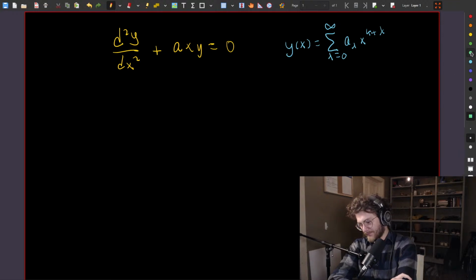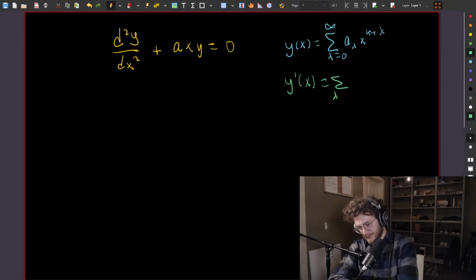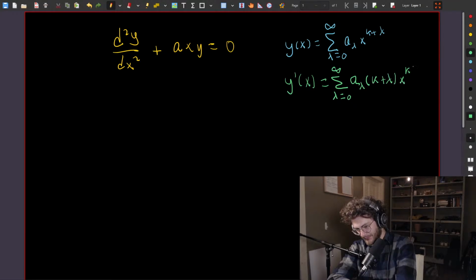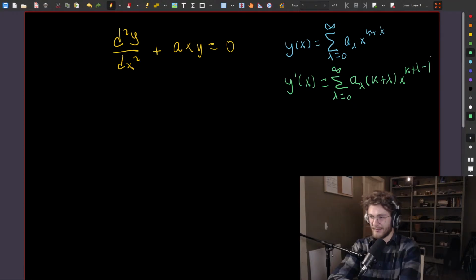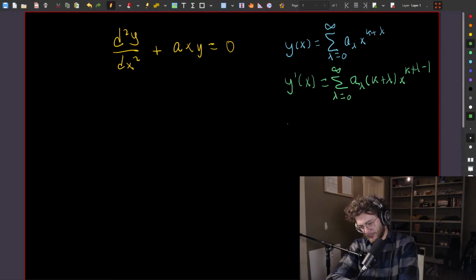And I mean, we know y prime of x equals the sum of a sub lambda times k plus lambda times x to the k plus lambda minus 1. That's a weird way to do that.